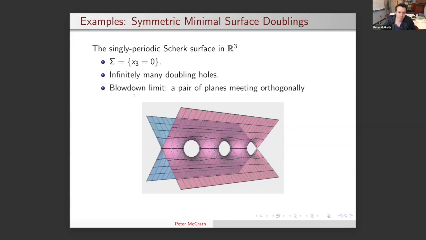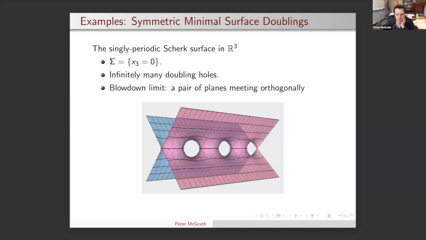The reflection that exchanges (x, y, z) and (x, y, minus z) cuts this surface in half. And then there are these topological circles that are fixed pointwise on the Scherk surface. In this case, those circles bound domains in R2, and those are all doubling holes, and the direction of periodicity is where my cursor is pointing here.